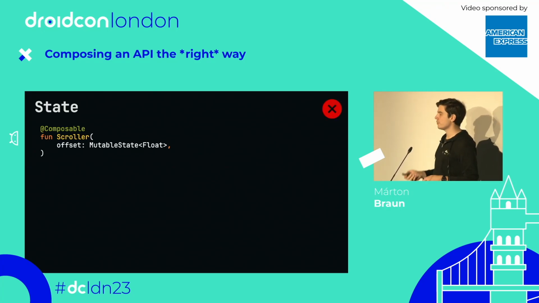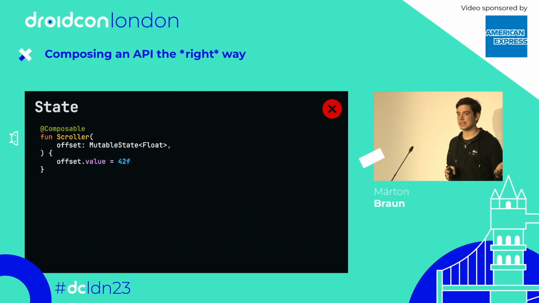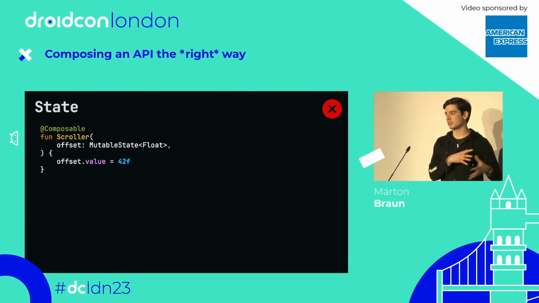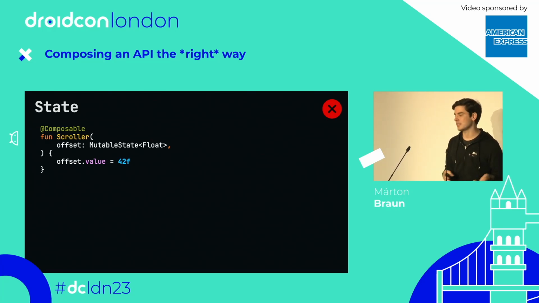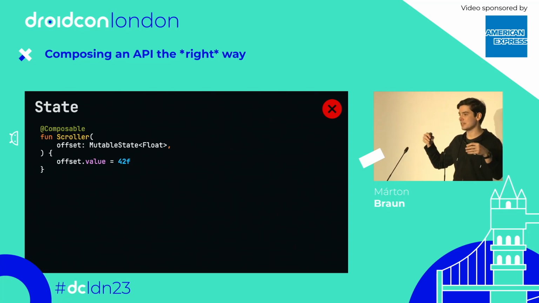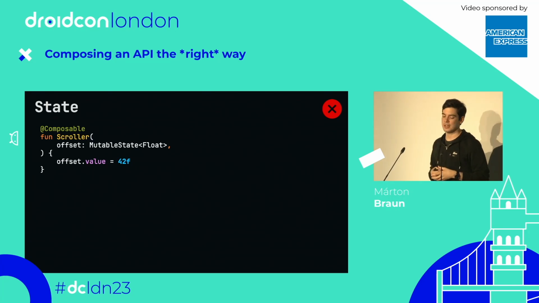This, again, is a problem of shared ownership of state. So if we pass in something as a mutable state to a component, then that component will be able to mutate that state arbitrarily without us being able to control it from the call side. So this is a problem because, again, we modify that same state. We own that state in multiple places, and we don't have proper control over it.